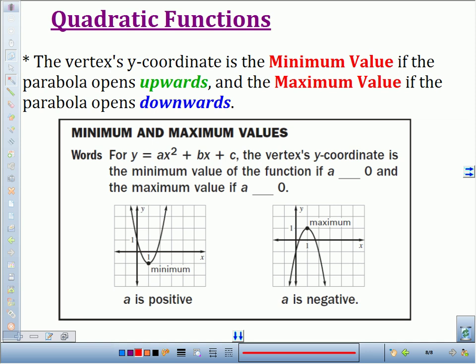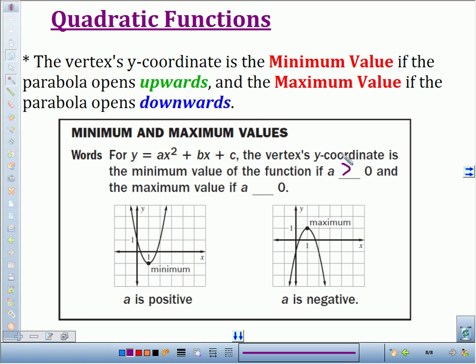Now we know, and we have a spot for the definition on the front of the note guide. The vertex's y-coordinate is the minimum value if the parabola opens upwards, and the maximum value if the parabola opens downwards. Now, we already know what that means because we've seen this before. The minimum value if a is greater than 0, because that's opening upwards.